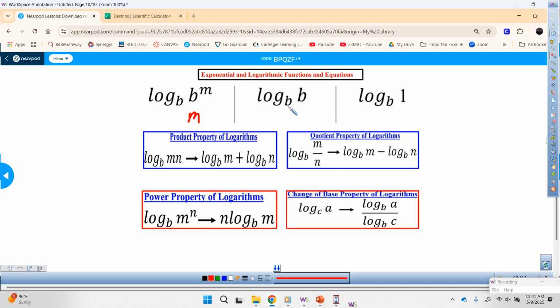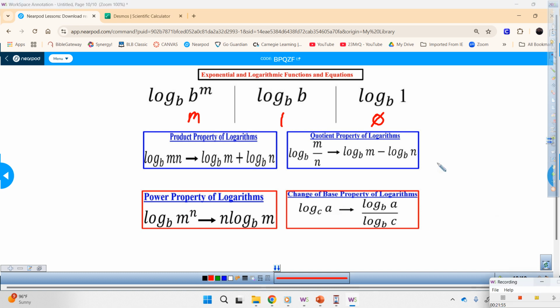When we are given a log with a base the same as the given number that doesn't have an exponent, the answer is 1. When we are given a log with a particular base and the given number is 1, the answer is 0. And then yesterday we did product properties, quotient properties. Today we covered power property and change of base.